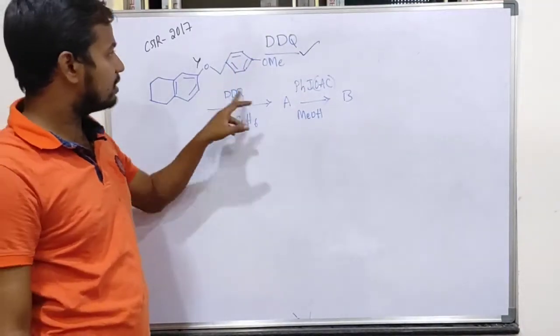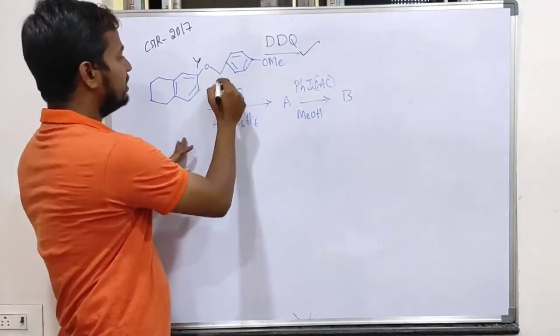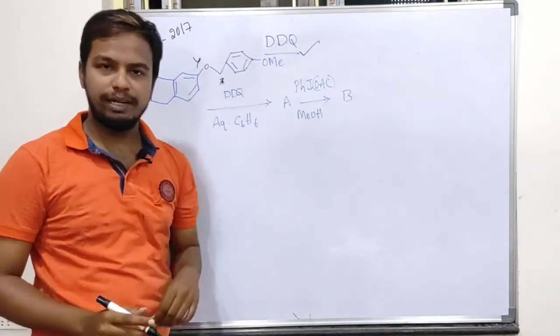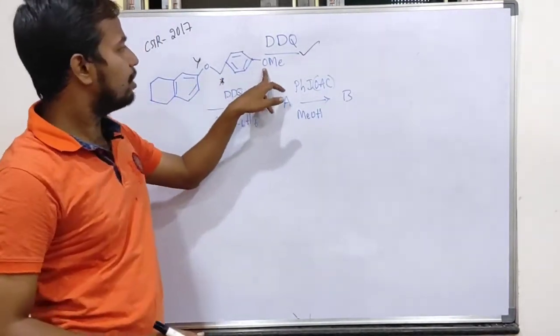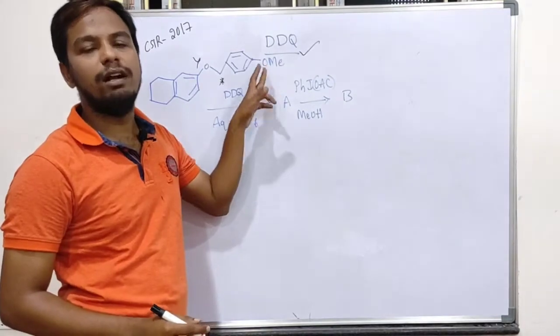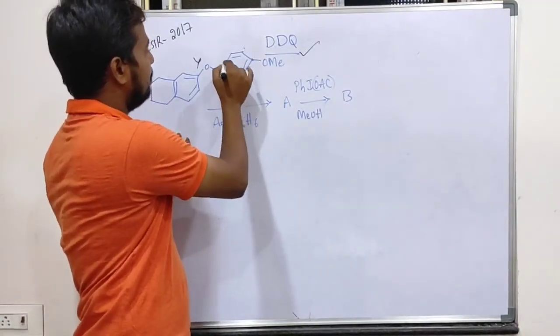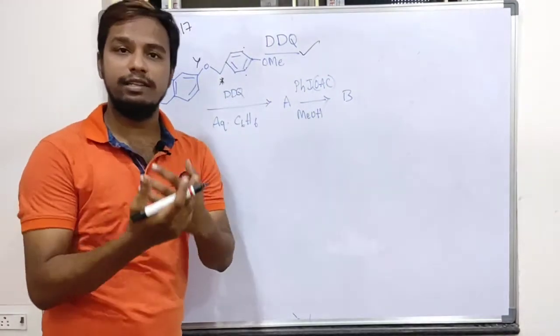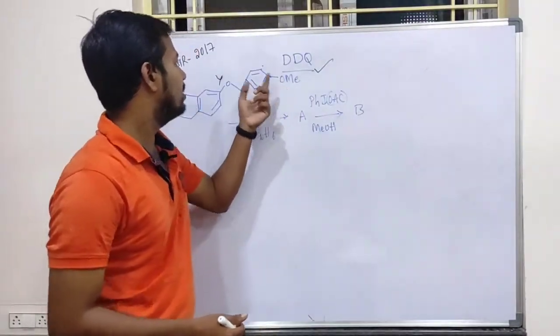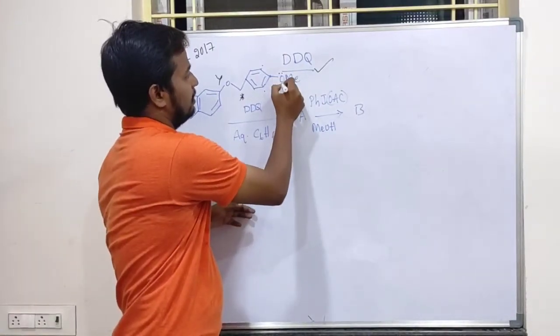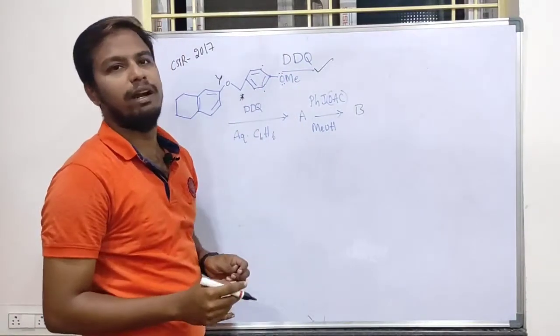Let's move on to this system. It has a benzylic position here. Yes, the benzylic position is there and 2 hydrogens are also present. And see, the methoxy group is an ortho para directing group. It donates its electrons towards the ortho and para positions.